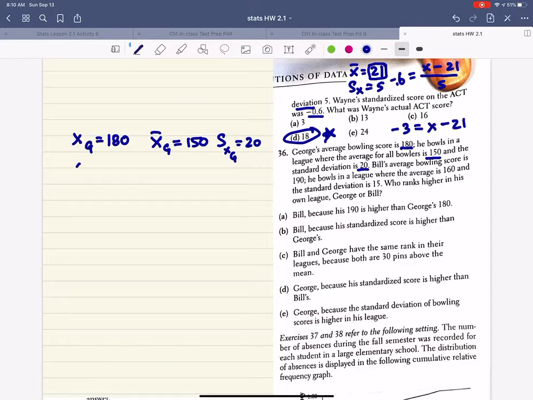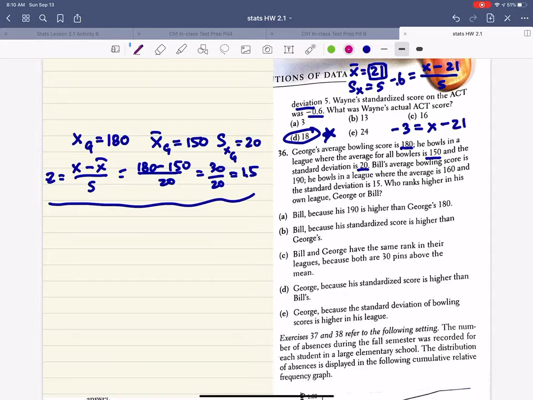So our formula, we could find out the z-score by taking 180 minus 150, divide by 20. Okay, so George is pretty good at bowling. He's 1.5 standard deviation above the mean.